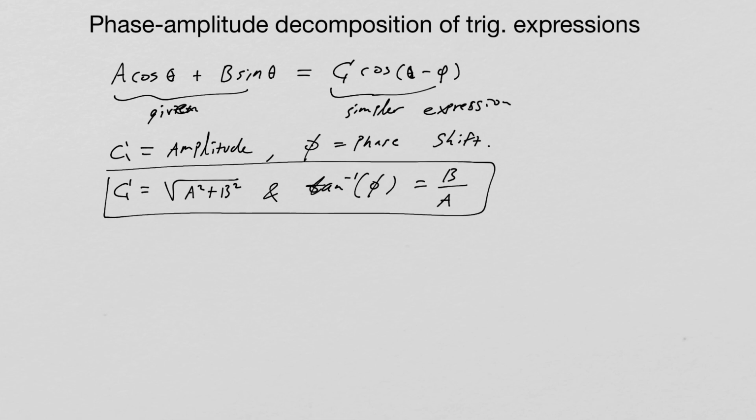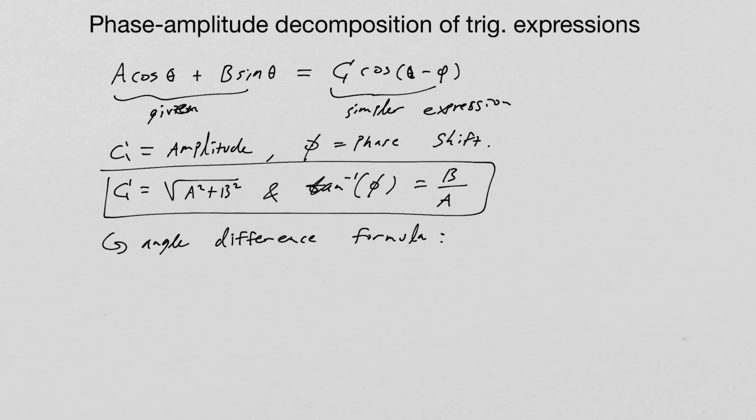All right. So to get an understanding of how to derive this, what we're going to do is start with something really important, the angle difference formula. So the angle difference formula says the following.